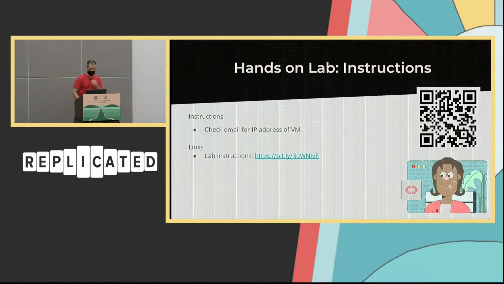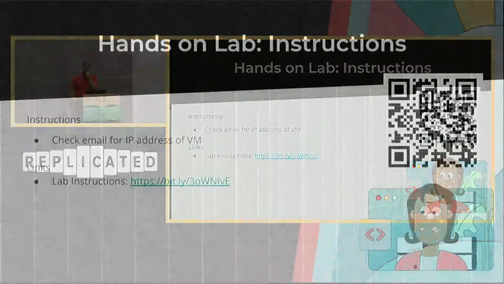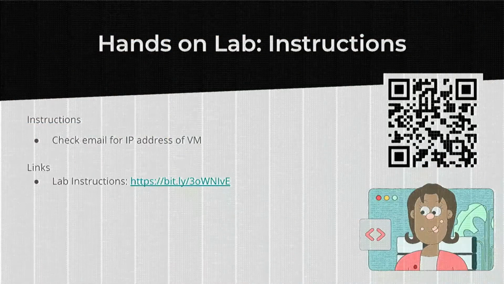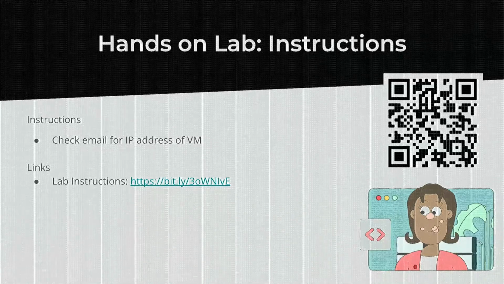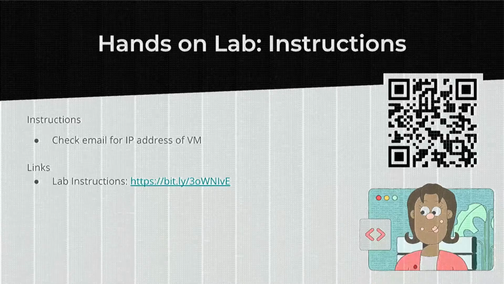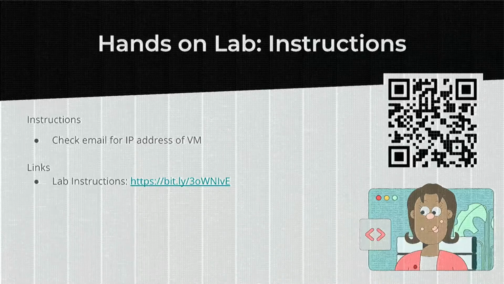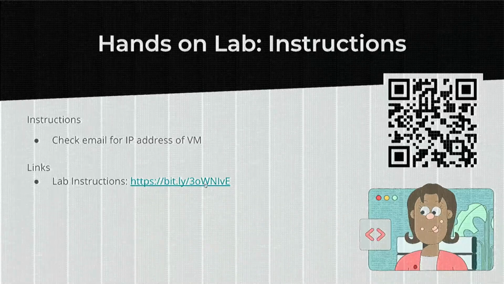So I will actually walk you through it. You should have received an email with an IP address of the VM, and the lab instructions are in this bit.ly link. I also included a QR code, so that will take you to the lab instructions. I'm going to click on it, and it's just in my GitHub repo.